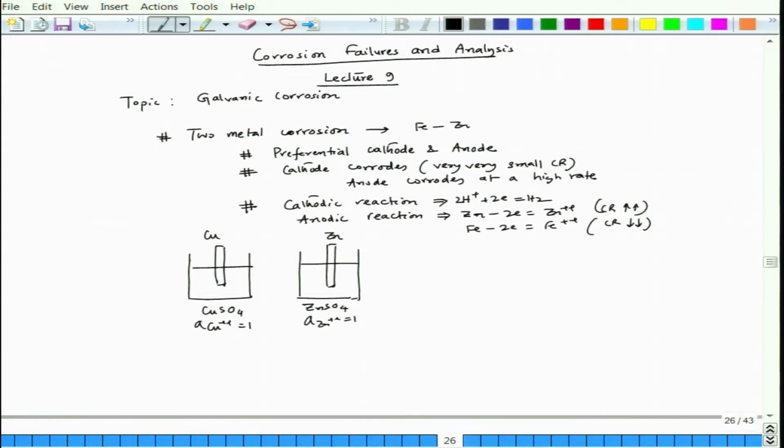We developed some potential, and that potential we measured by the standard hydrogen electrode, and here also we maintain a standard hydrogen electrode, and then we measure the potential.